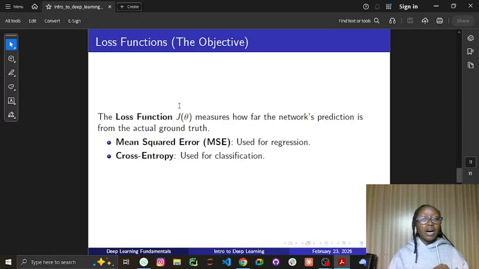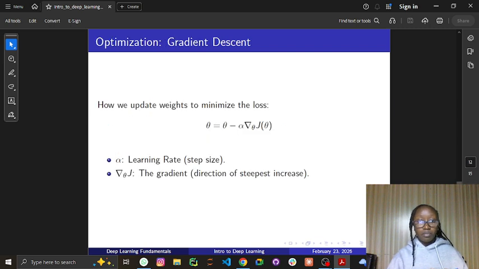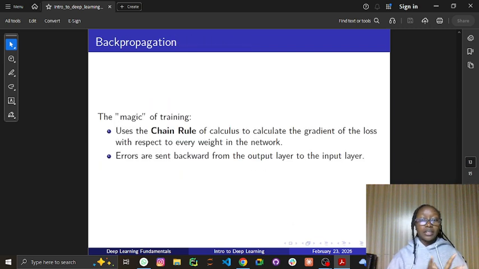We also have back propagation, and that is the blame game. Back propagation is the heartbeat of deep learning. Once we have the error, at the end we go backward through the network using the chain rule from calculus.